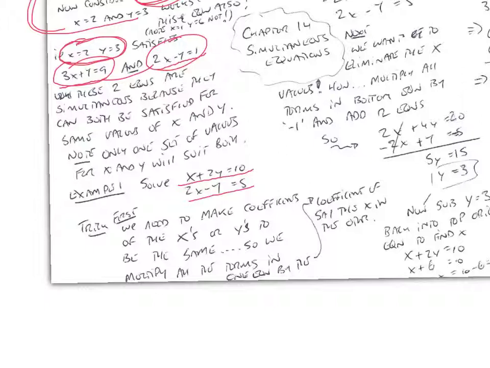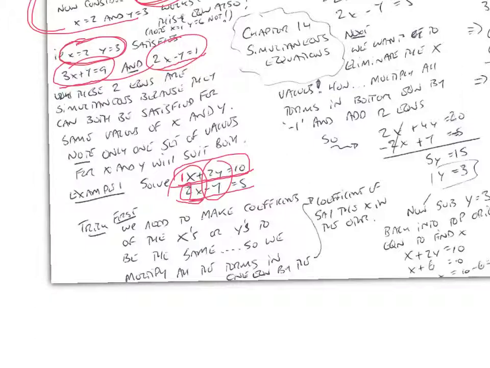The first thing we need to do is make the number of x's or the number of y's the same. And the quick way of doing that, when we have a situation where we've 1 beside the x here, is we can multiply every term here by 2, which is the coefficient of the x here.